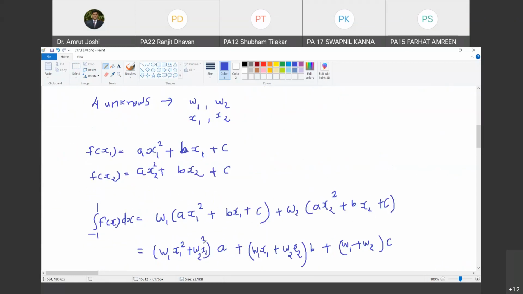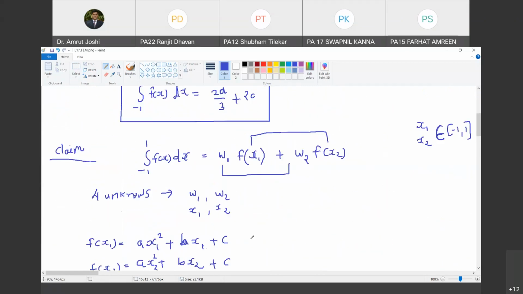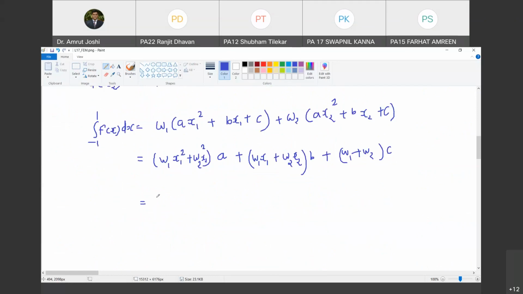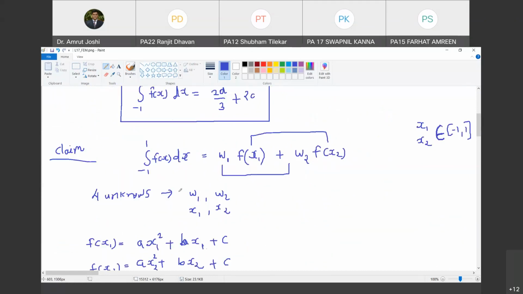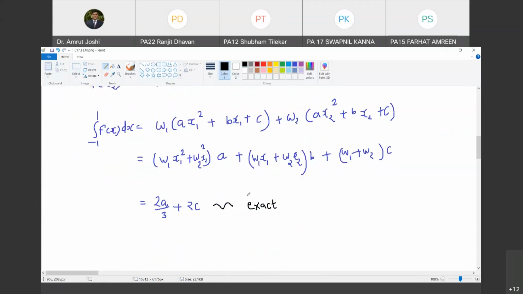Now for this integration to be exactly equal to 2a by 3 plus 2c, I will have to equate it. Therefore, 2a by 3 plus 2c. Are you with me? This is the exact value. Agreed? Now, if you have to equate this to this, the coefficients of a, b, and c must be equal in both the cases.